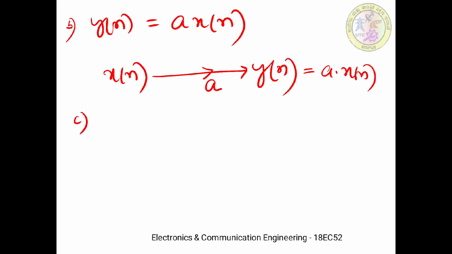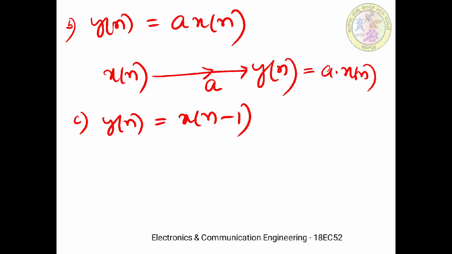Similarly, I can represent a delay element also. For example, if I want to implement y of n is equal to x of n minus 1, this expression shows that y of n is a unit delay response. This basic block requires a memory, and it simply delays the signal passing through it by one sample.